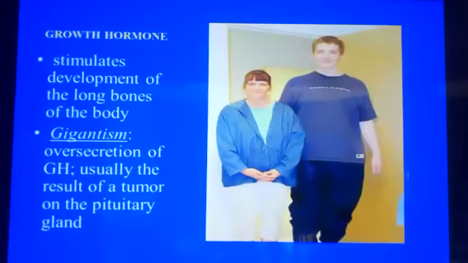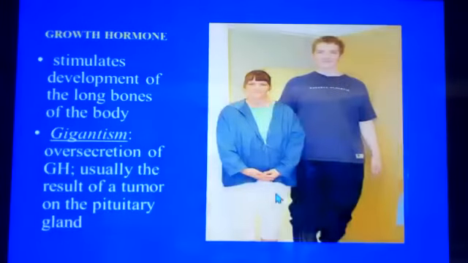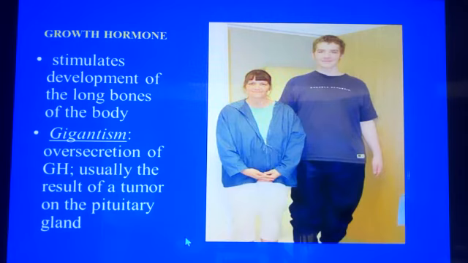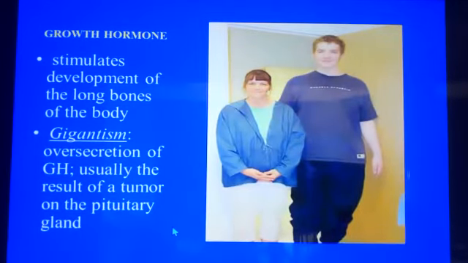For example, in this diagram you can see a young boy who is really tall because of extreme elongation of the bones. Such conditions are what we refer to as gigantism. Now, if growth hormone is produced in little or insufficient amount, it leads to dwarfism. So we are going to continue in our next clip with the other hormones.